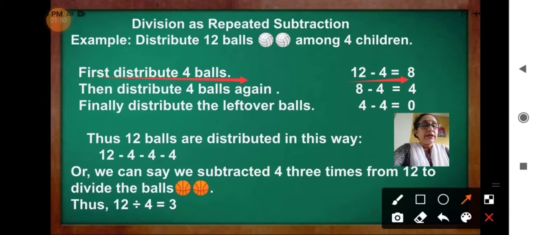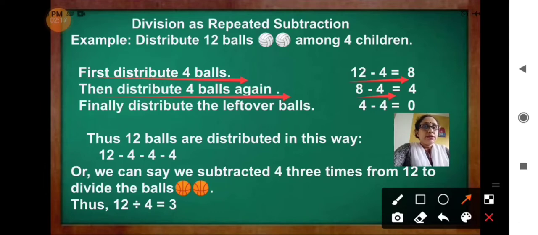We are getting, after subtracting, we are getting 8. Okay. Now, then distribute 4 balls again. So, what you have to do? 8 minus 4. Okay. Equal to 4.